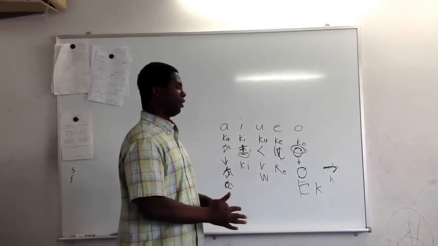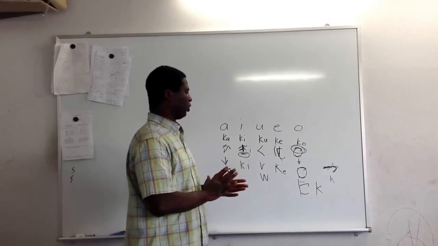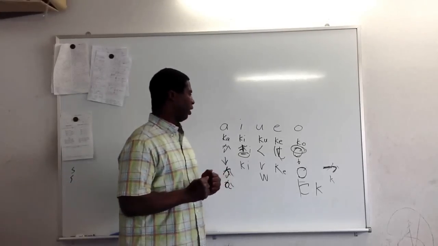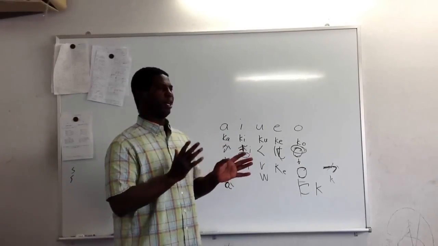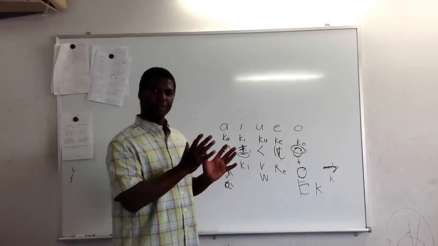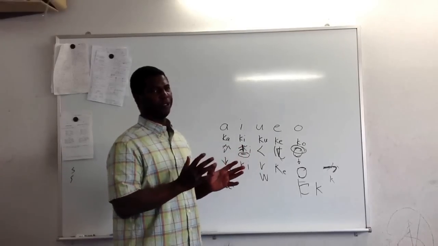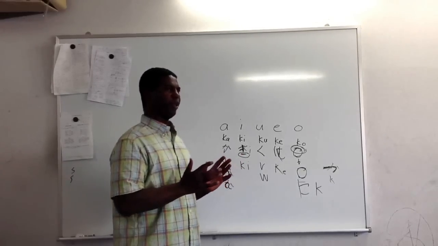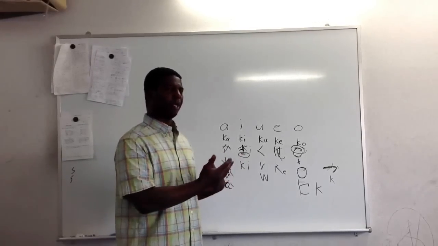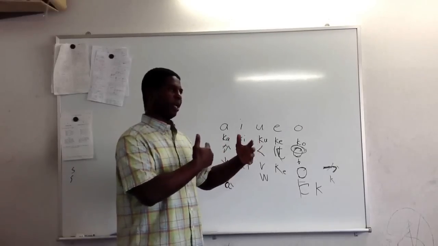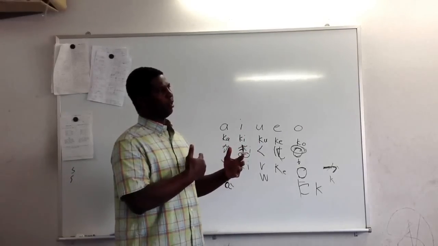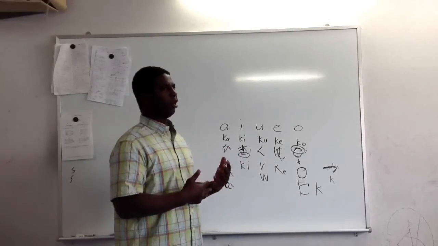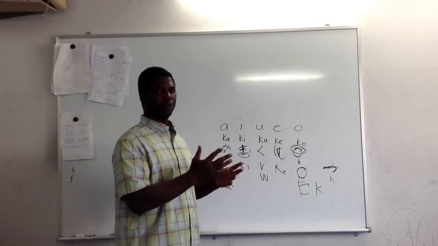Another thing is that as you start writing the Hiragana, you're going to notice that some of them are a little familiar, but some are a little different. For the ones that are a little familiar, there are hints within them that will help you differentiate which one is which.